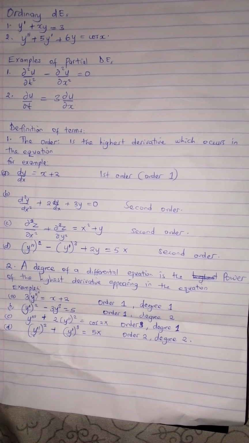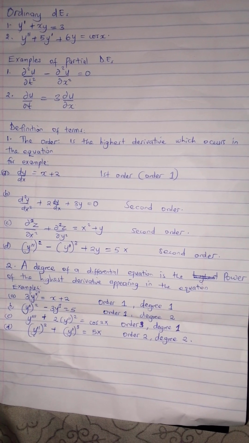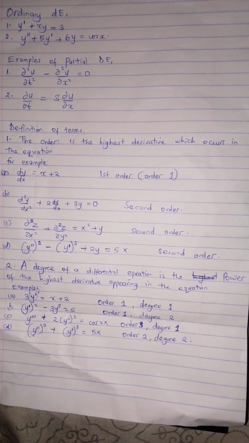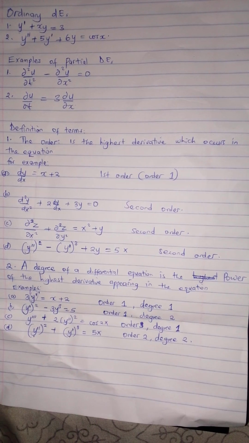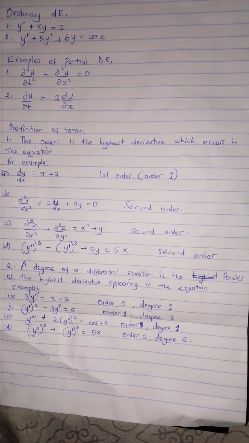So you first know what is order: you look for the highest derivative. And then if we are looking for the degree, make sure you first know the order, then you look for the power of the highest derivative.